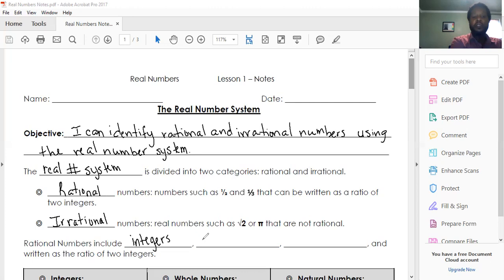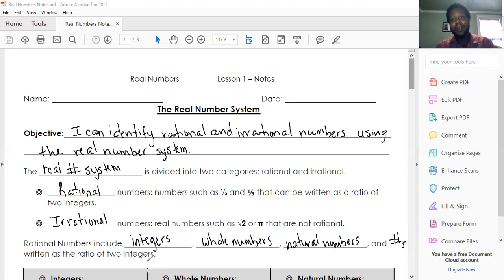They are whole numbers, and they are also natural numbers, right? But again, they are in general just numbers that are written as a ratio of two integers, okay? Integers, whole numbers, and natural numbers are all included in the definition of what a rational number is, because they can all be written as a fraction. They can be written as a ratio.